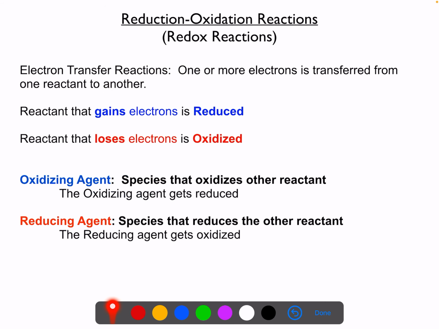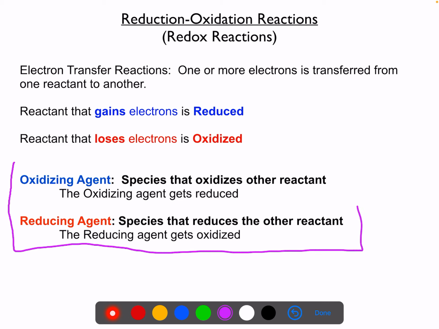Another set of definitions that we should know, and these can be confusing, are the oxidizing agent and the reducing agent. The oxidizing agent is the species that causes something else to be oxidized.